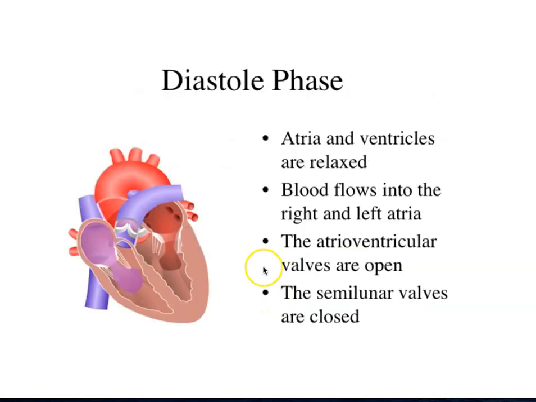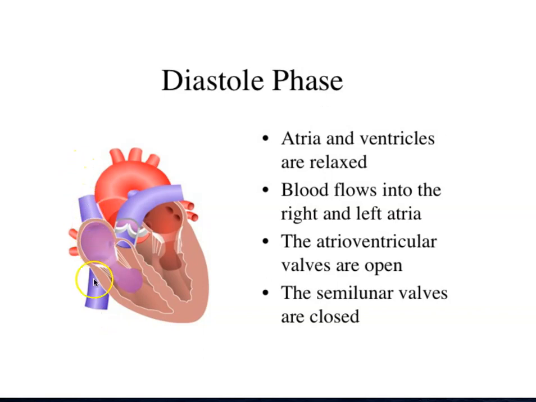So let's look at what's going on in diastole, when the ventricles are relaxed. When ventricles are relaxed, the blood is flowing in from their respective veins. Veins are taking blood to the heart.